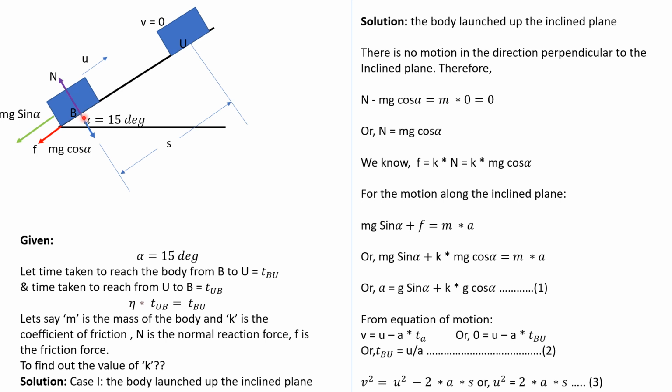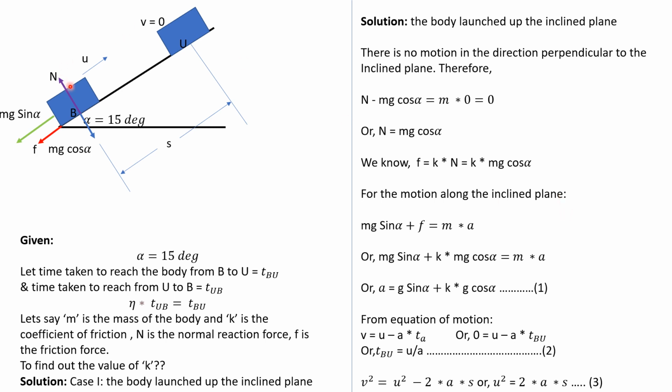N is the normal reaction force from the surface, perpendicular to it. So N minus mg cos alpha equals zero, since the acceleration in this direction is 0. So N is m g cos alpha, and friction force is the coefficient of friction times the normal reaction, so f is k m g cos alpha.